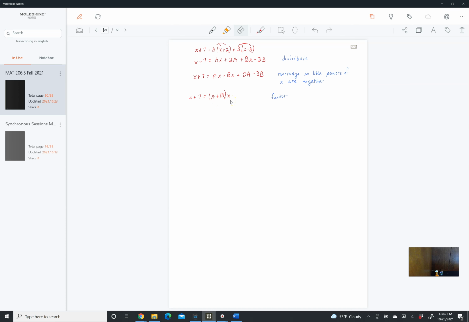And then what I would do is just put all of your constants together. Okay. In this case, the coefficients of x on each side must be equal, and the constants on each side must be equal. So we're equating them.